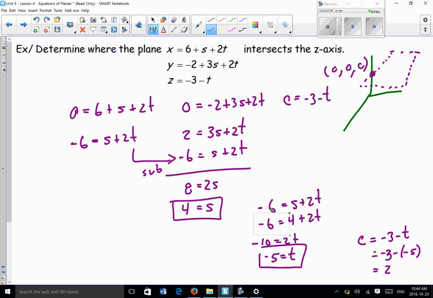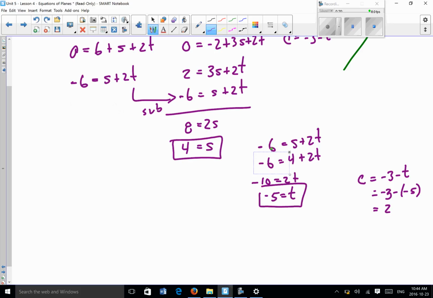So I know that this intersects the z-axis at the point 0, 0, 2.